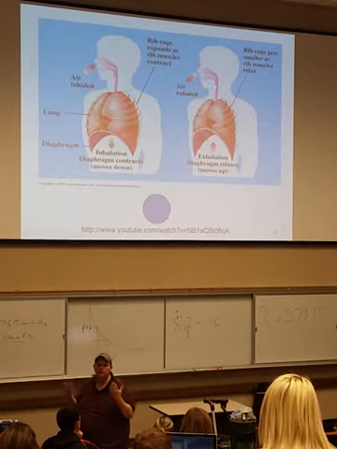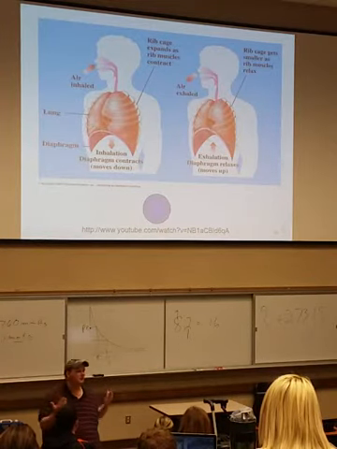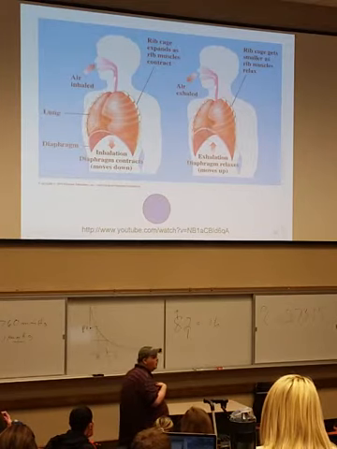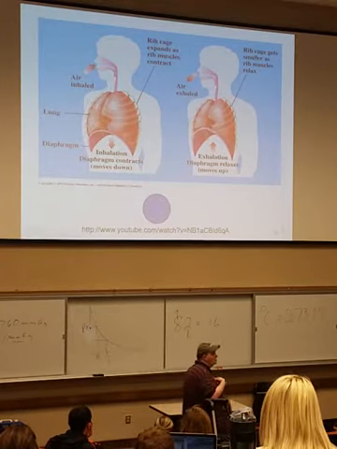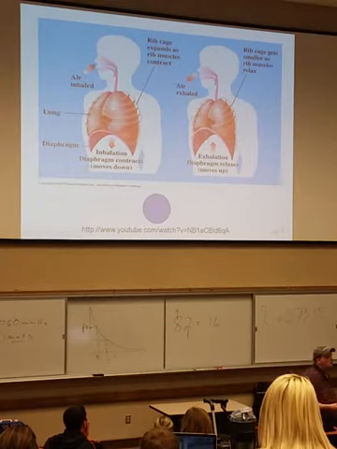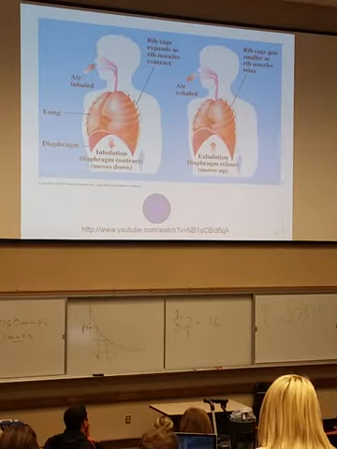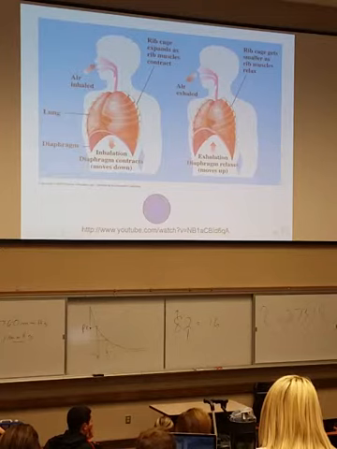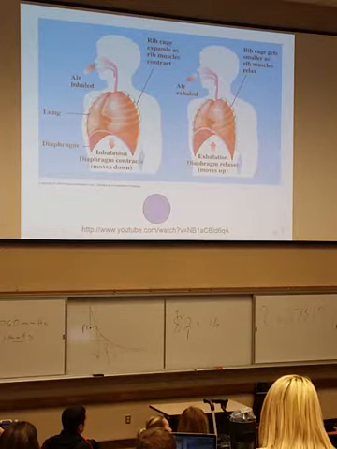Decrease volume, what happens to the pressure? Increases. If it increases enough, the pressure in your lungs is higher than outside, and you breathe out. If I expand the volume, it goes up, what happens to pressure? Goes down. Then the atmospheric pressure is greater than the pressure in your lungs and the air goes in.